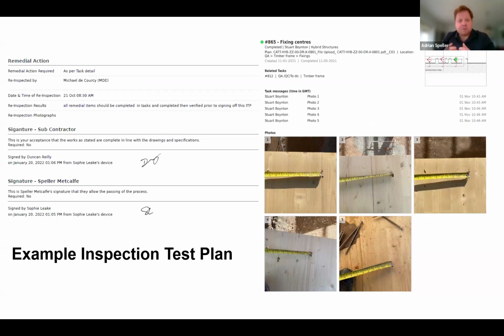But what you don't see behind these inspection test plans is the wealth of photographs as well.